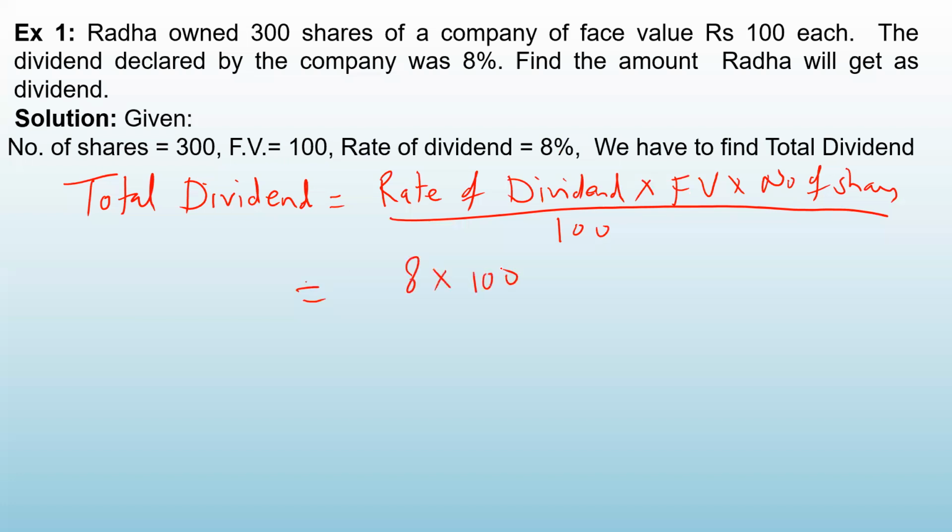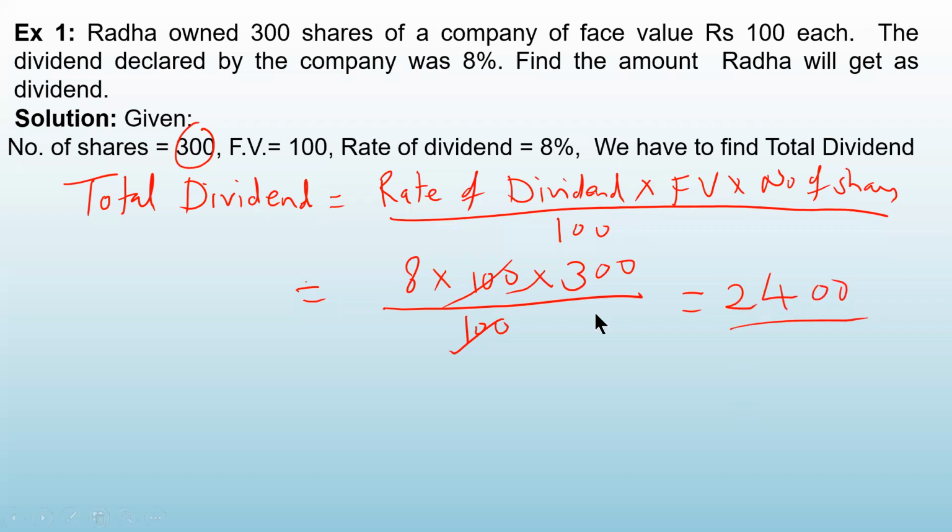Face value is 100. Put all the values here. Number of shares, how many? 300. Divided by 100, and 100 will get cancelled. So you will be left with 2400. All these calculations you can do by calculator. So what is the total dividend she received? 2400. So this was a very, very simple problem. Yes. Go to the next one.